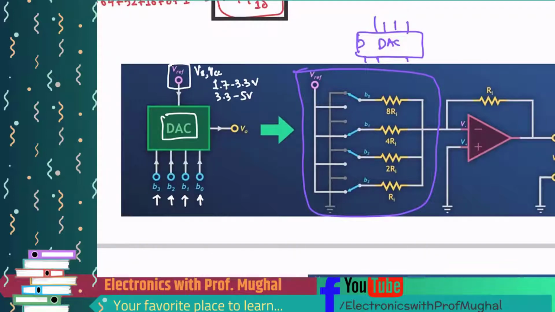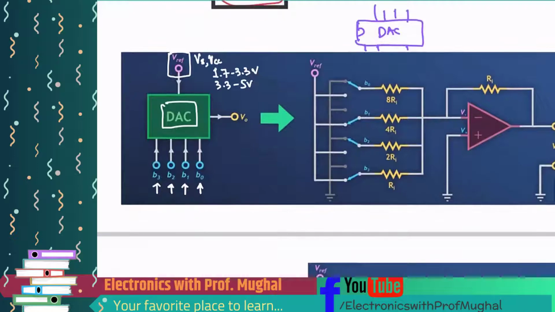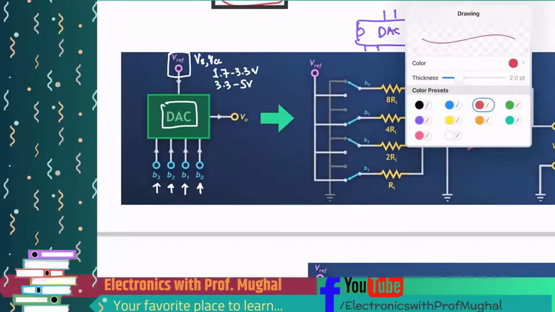Now if you look at it, because this is a 4-bit DAC, B0, B1, B2, B3, which is basically this right here. Each bit can either be 0 or 1, right?